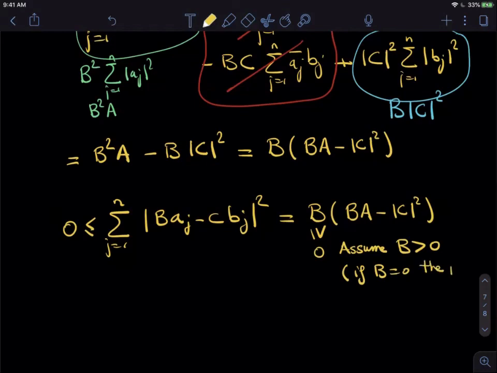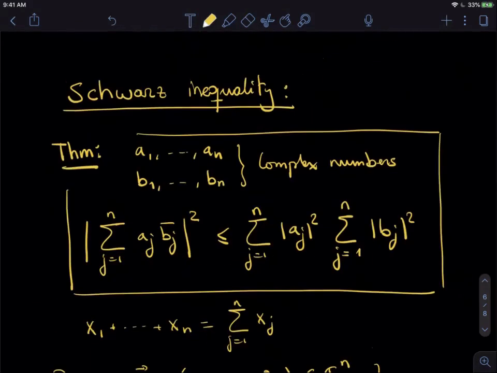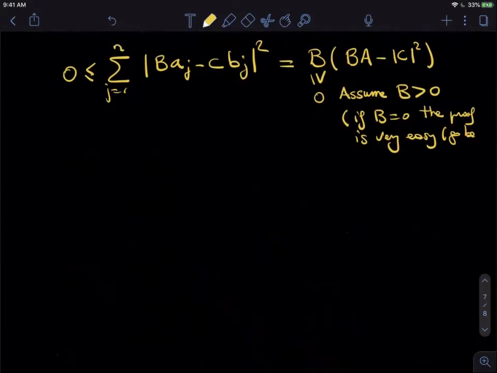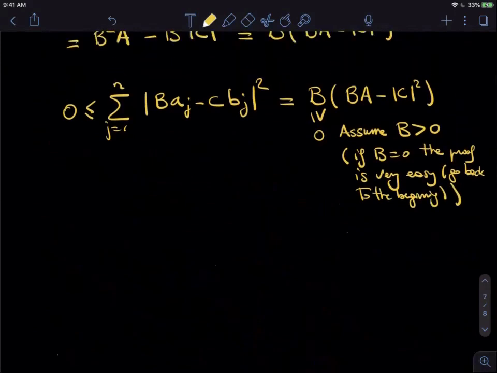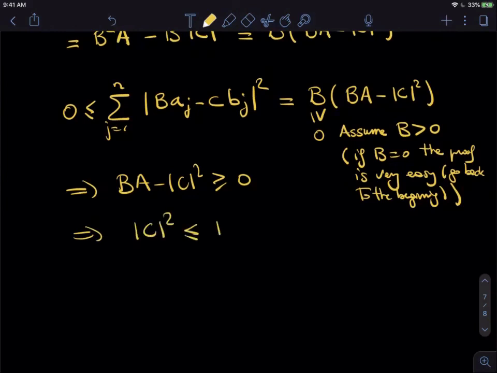You just go back to the beginning. So if we assume that B is bigger than 0, then BA minus C squared is bigger or equal than 0, and that means C squared is less or equal than BA.